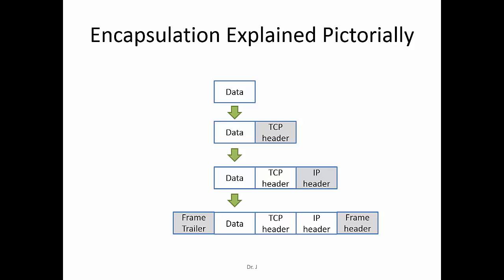So here is a big picture view of how everything works. You start with the data, the TCP header is added to the data, then the IP header is added, and finally the whole thing is encapsulated by the frame header and frame trailer. At that point the message is ready to be sent to another host on the other side of the network.